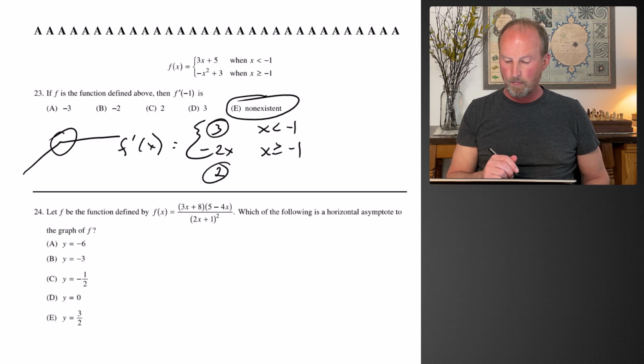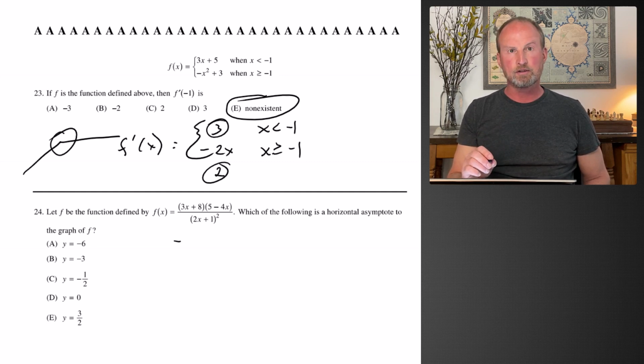Question 24. Horizontal asymptotes. A couple ways of doing this. We can use the definition of horizontal asymptote. What's the limit as x goes to infinity? So if I think about this, on top, when I multiply that thing out, when I distribute all that out, all I care about, remember back from pre-calculus, your rational function rules, if the function's going to infinity, we have 3 different options.